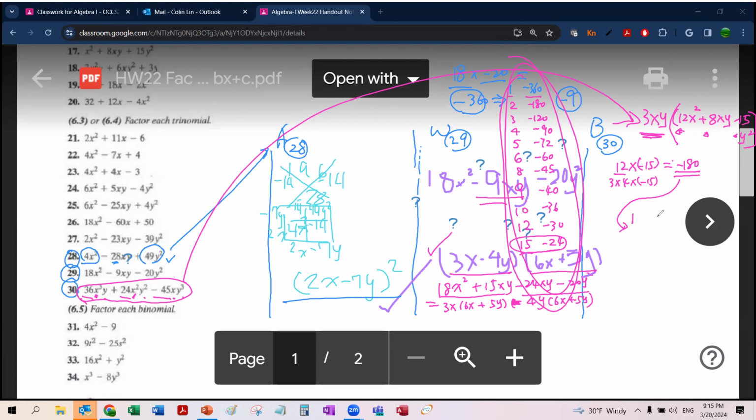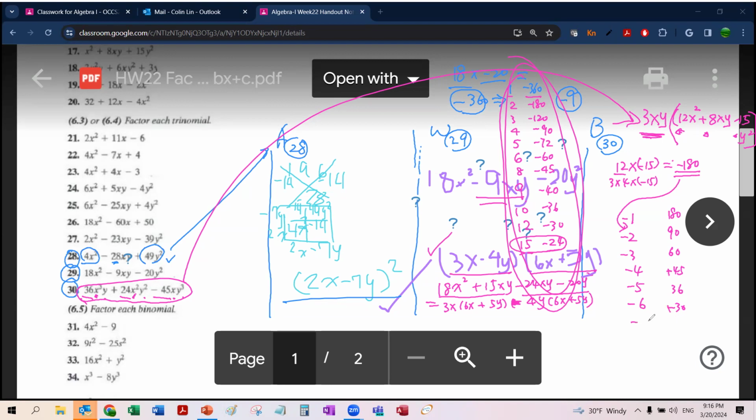So with 1, we can use negative and positive: -1, positive 180. The sum of them will be positive, right? -2, 90. -3, 60. -4, 45, right? -5, positive 36, right? 6, positive 30.